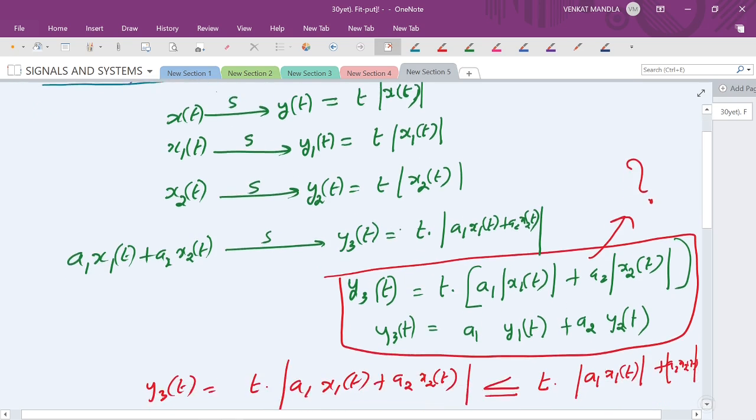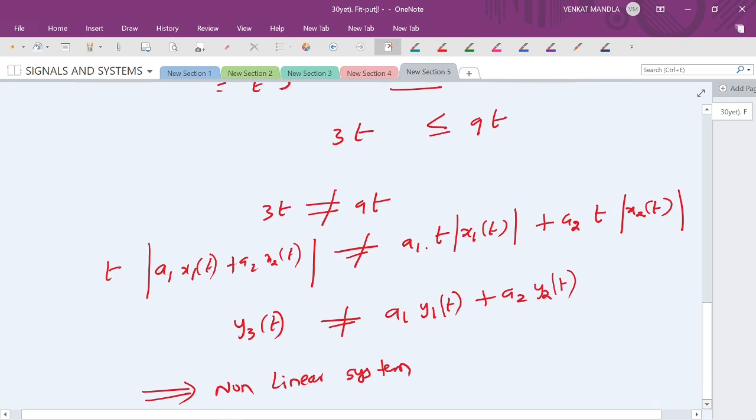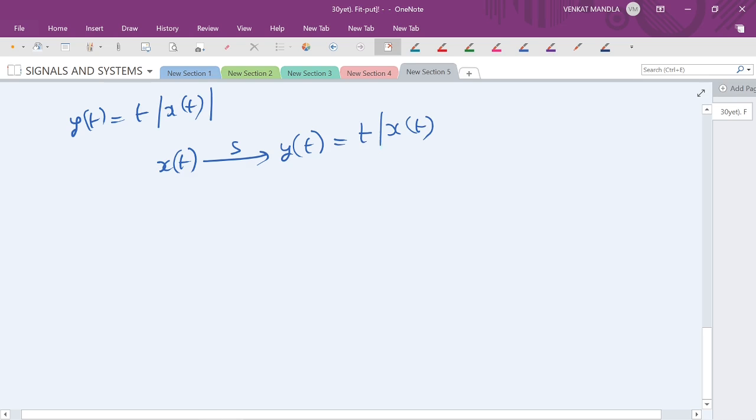You want to check the condition? y(t) equal to t mod x(t). So to check the time invariance condition, let us say x(t) is the input initially, y(t) is the output, that is t mod x(t).